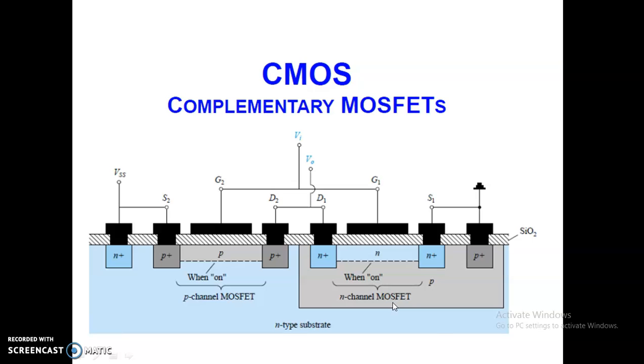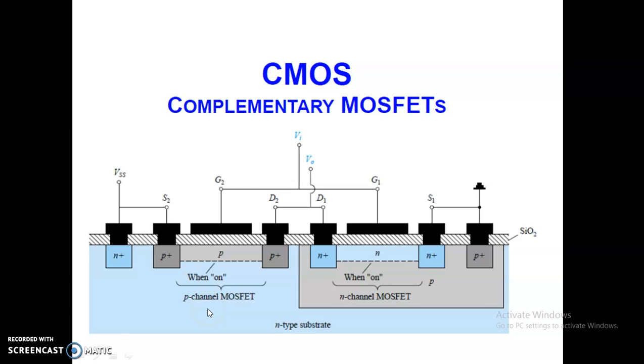The simplified cross-sectional view and equivalent circuit of a CMOS inverter are shown in the figure. You can see from the figure. As shown, a separate P-well region is formed within the N-type substrate.